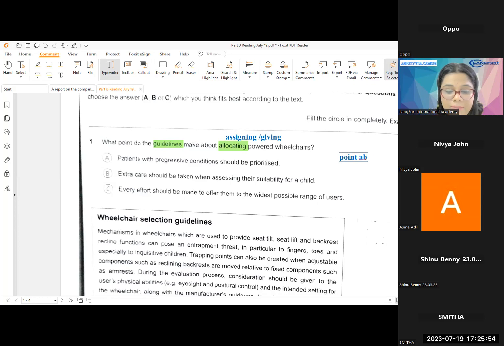Point made about allocating powered wheelchairs. The topic is powered wheelchairs. So we need to find out what exact point is made about allocating, giving, or assigning these wheelchairs. That's what we need to figure out.